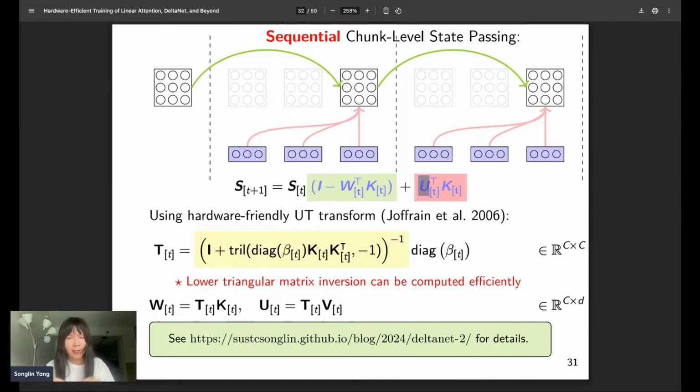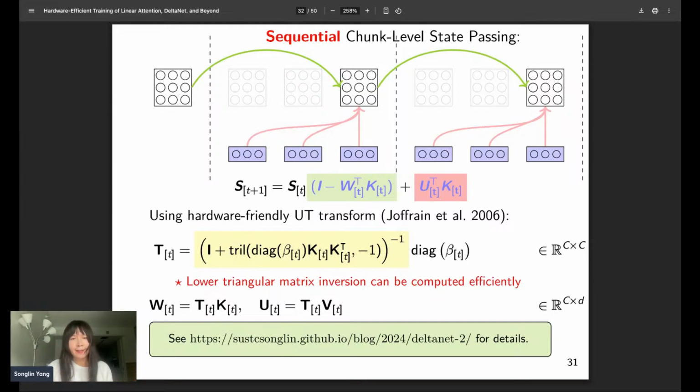I don't want to talk about this in detail because it's heavy in math, but the key intuition is that we can use some matrix multiplication to obtain this C by C matrix. Then we take its lower triangle, make the diagonal elements 1, and solve this lower triangular matrix. We can use forward substitution to compute this matrix inverse.